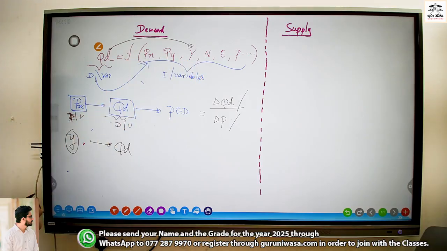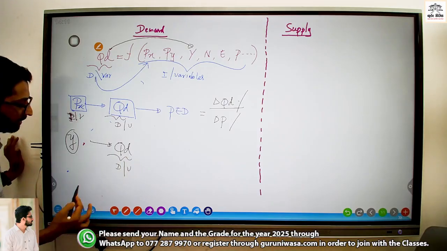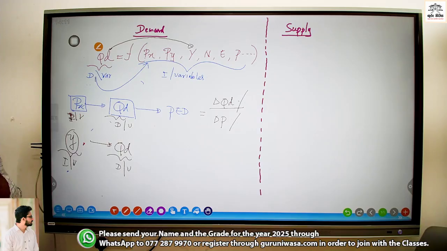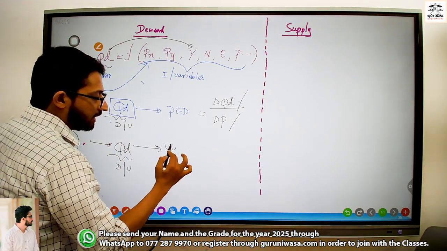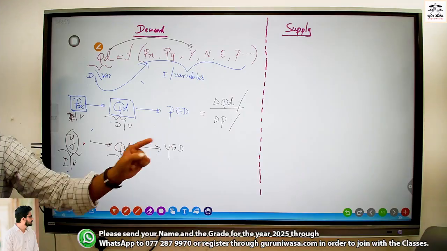Here, what is dependent, what is independent? Very good. Quantity demand is a dependent variable. Independent variable is buyer's income. So this is called YED. YED means income elasticity of demand.